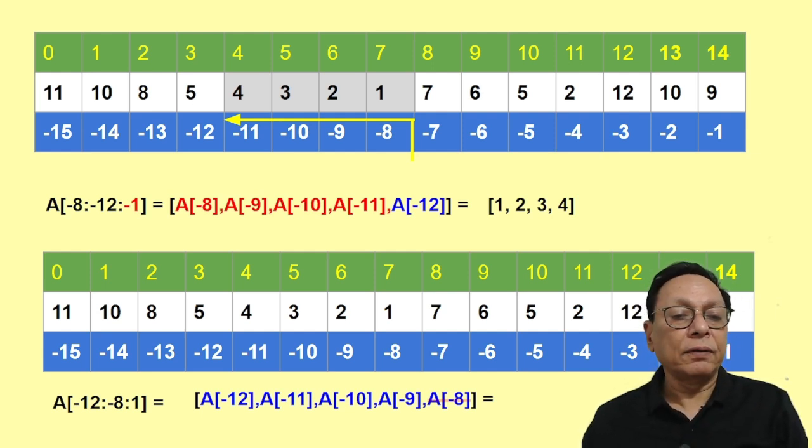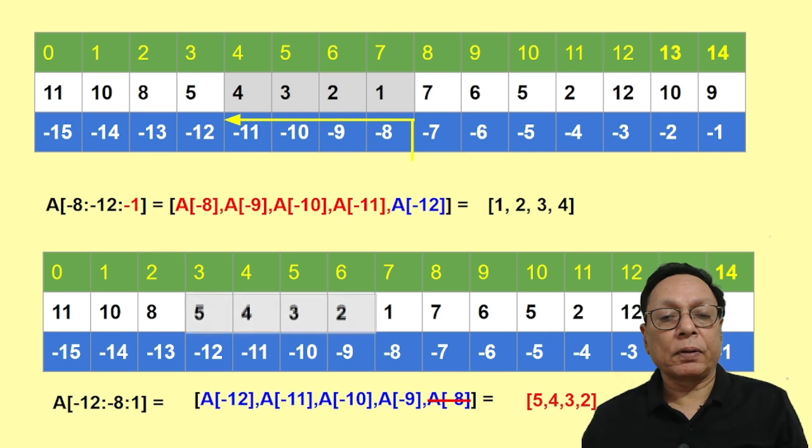So minus 12, minus 11, minus 10, minus 9, minus 8, and minus 8 will be excluded. So minus 8 will not be considered. So the slice will be 5, 4, 3, 2, means left to right. The slice 5, 4, 3, 2 is the slice of this combination.